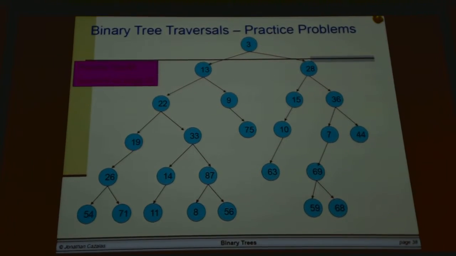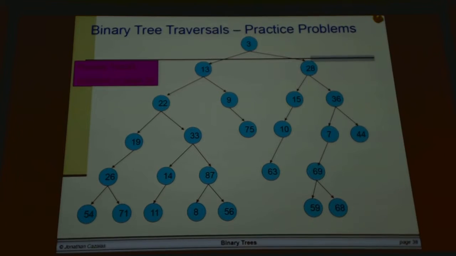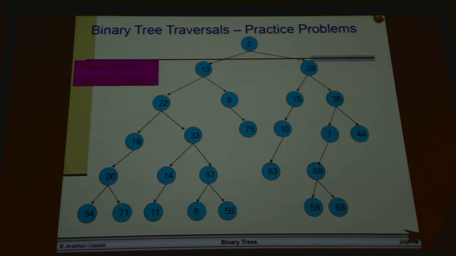It doesn't change the rules though. Okay, so we do our left, 54. Then which one? 26, because he's the parent node to my left. Does that make sense? And then what value? Since we're doing it in order, I did my left and my root. 71. Then I do my right, so we do a 71.